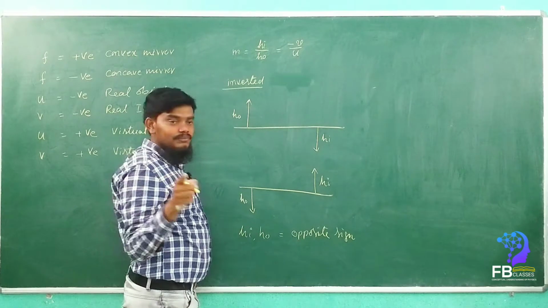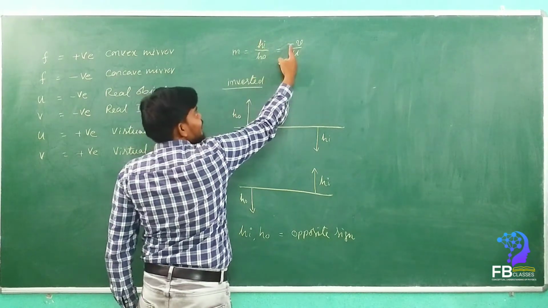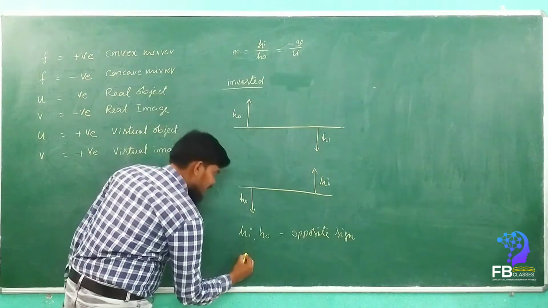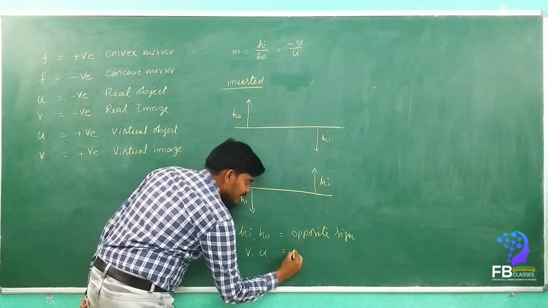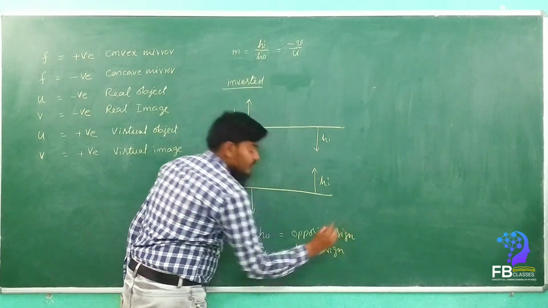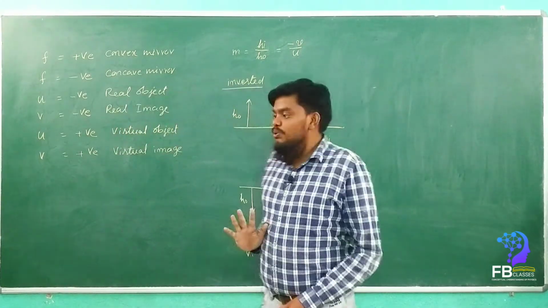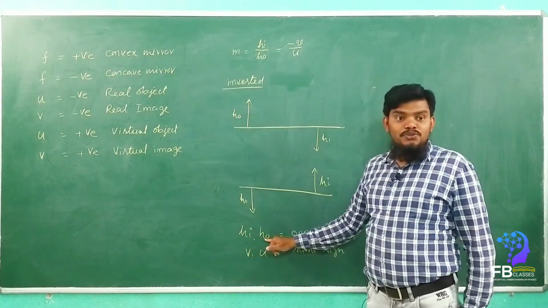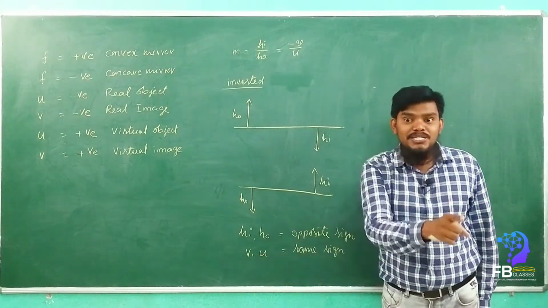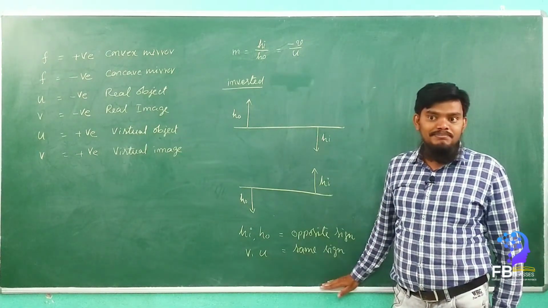If it is taken as a minus here, then it will come as a plus. Got it? That means v comma u should be the same sign. So what we have to remember here: if hi and ho come as opposite signs, or v and u come as the same sign, then it is an inverted image.